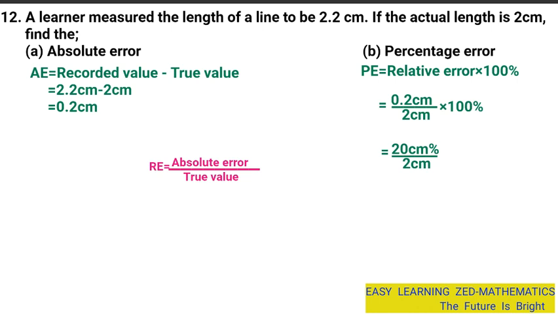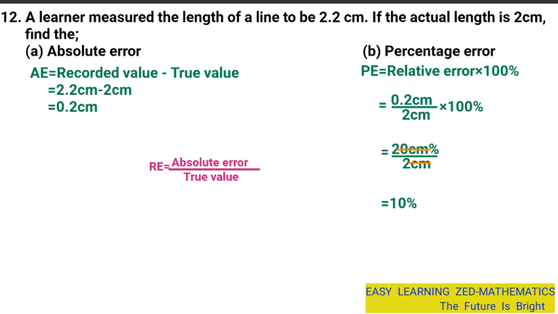Then 20 centimeter percent divided by 2 centimeter is going to give us 10%. The centimeter down and the centimeter on top will cancel each other. Then 20 divided by 2 will give us 10. Then the percent is remaining, so we put the percent sign with 10.